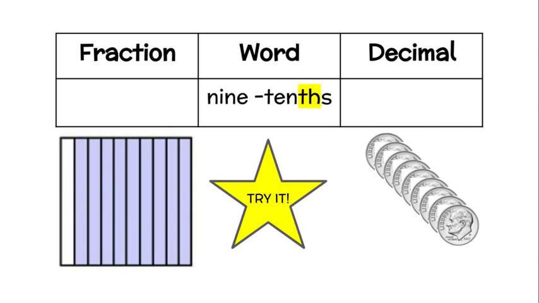So look and see what the fraction is. Look and see how many dimes you have, and go ahead and fill in the fraction column and the decimal column. So for a fraction, you should have had 9/10, and for the decimals, 0.9 or 9/10. We say it exactly the same way.